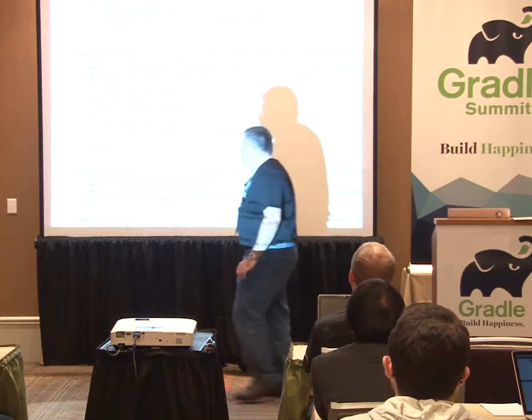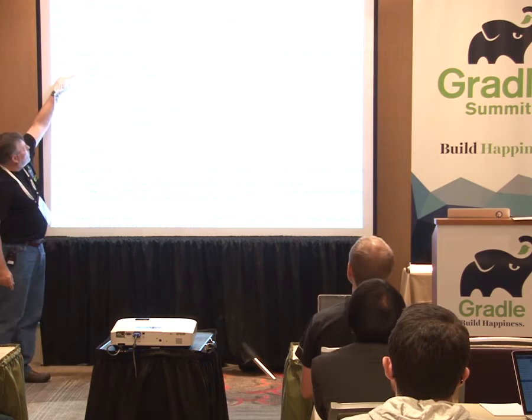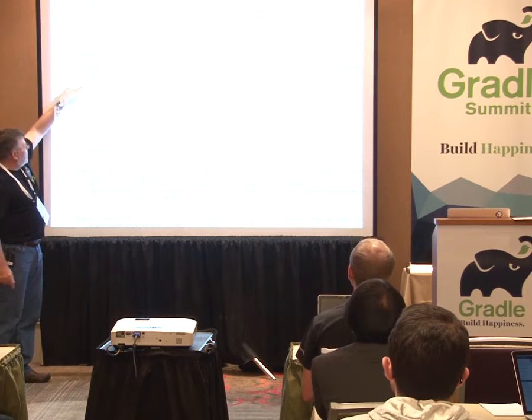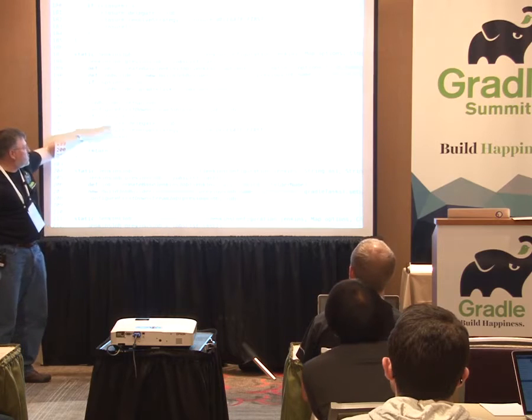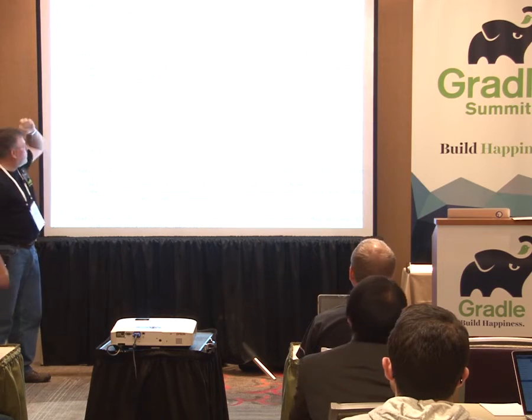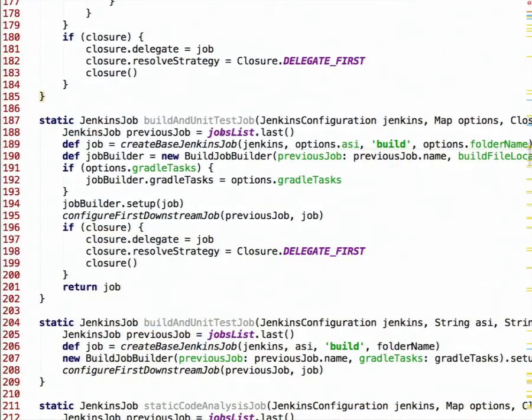But then what I have to do is figure out what the previous job was in the pipeline and go change that so that it knows that the next downstream job is the one I just created. So we had to add this kind of code at the end of every step in the pipeline in order to get those downstream jobs set up. That just added a little complexity to setting up this helper.